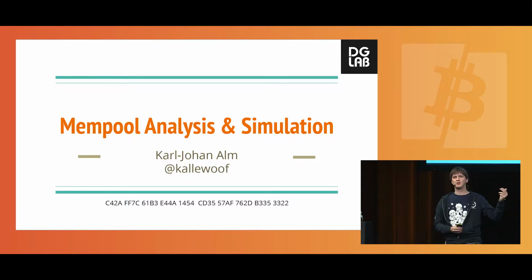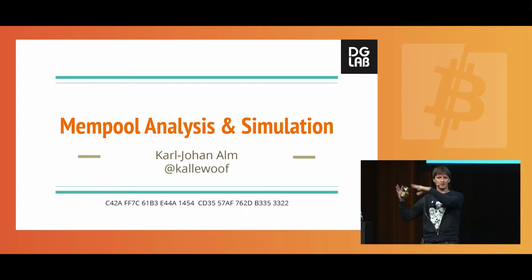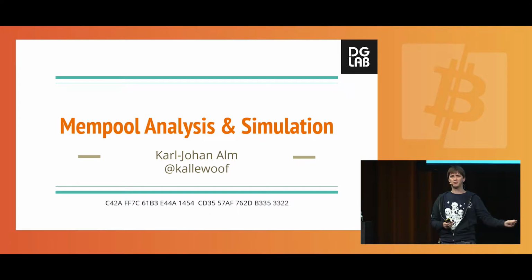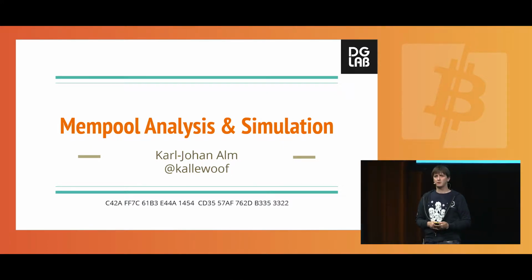So you RBF bump it, and then people spend the unconfirmed RBF bumped version, and you have this chain of transactions. Then the original transaction is mined, and this entire chain just evaporates. So that's an interesting fact.